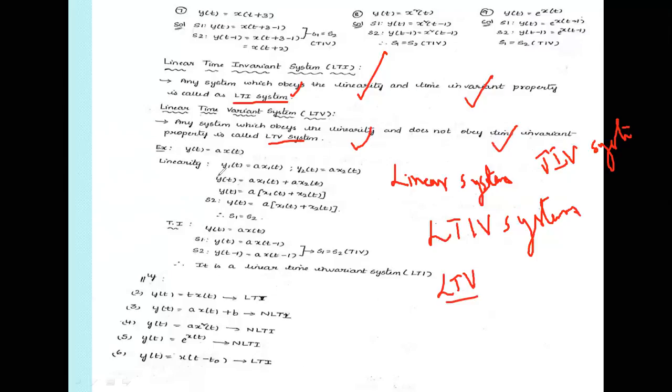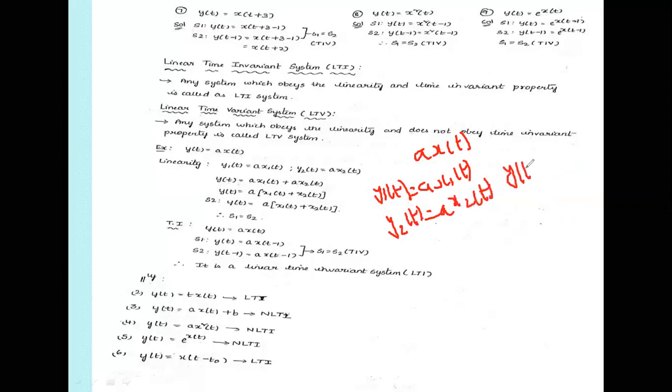Let us assume one example here: y of t is equal to a into x of t. First of all, I am checking the linearity. With the input x1 of t, you get the response y1 of t. With the input x2 of t, you get the response y2 of t.